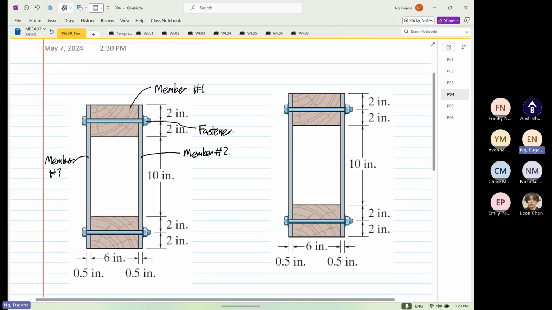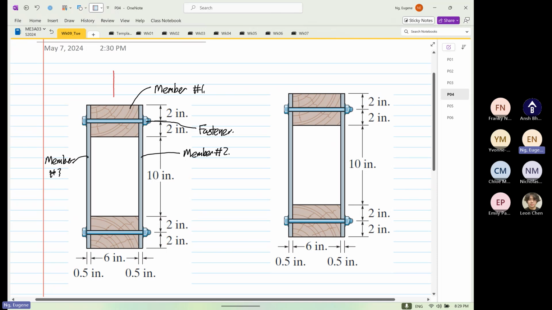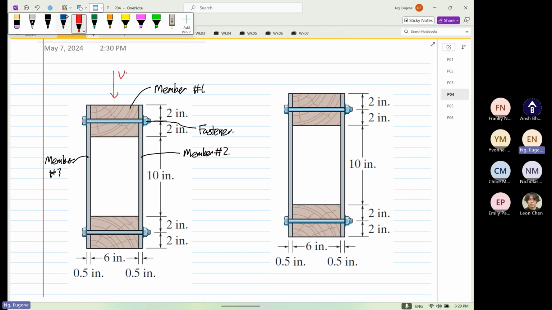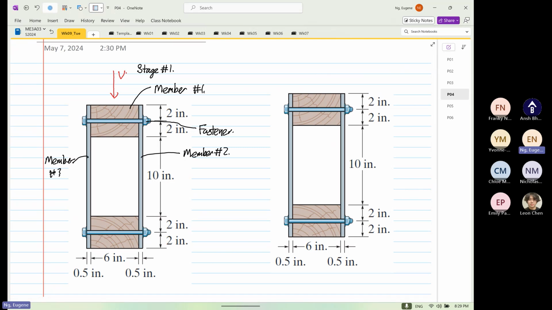So now we have our shear force coming down. Okay. And I'm going to call this our stage one. So stage one, the shear flow must distribute in the member first.